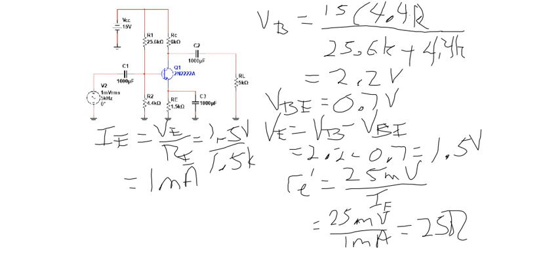And we also need the little RL, so that's the big RL in parallel with the big RC. I don't really have room to do that here, so let's go to the next page.